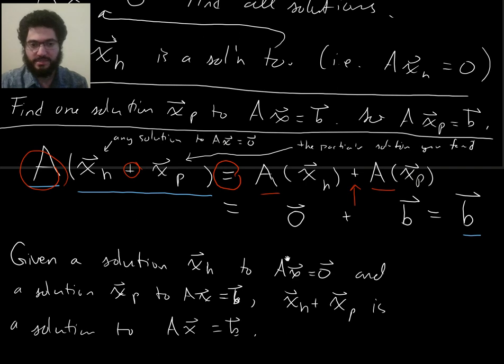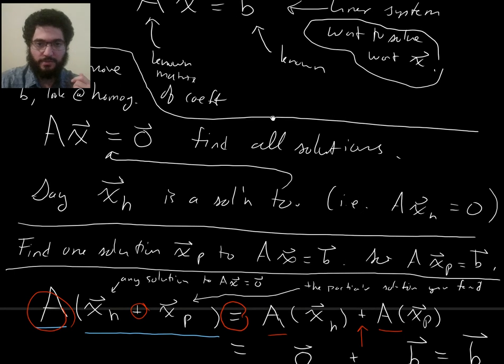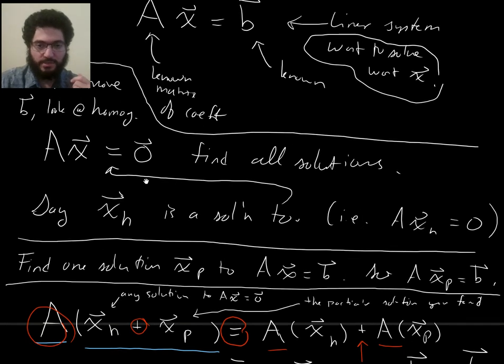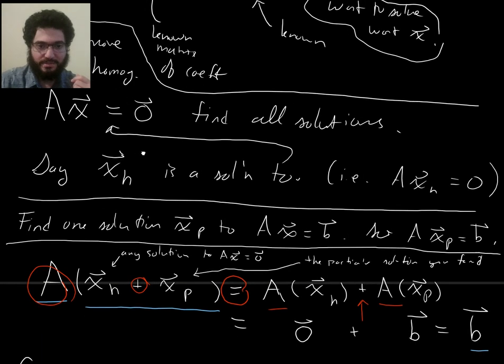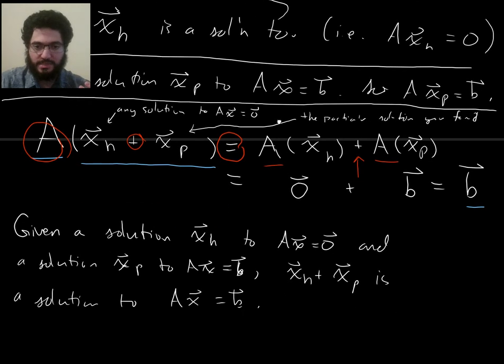We can apply this idea about, if you have a thing that's acting linearly, like a matrix here, then you can talk about linear systems, and you can talk about solving them by solving the homogeneous one in general, and then finding a particular solution to the non-homogeneous, and then adding.